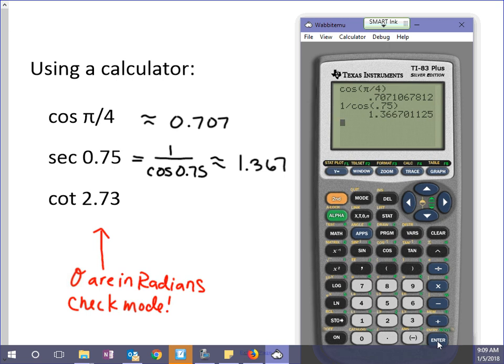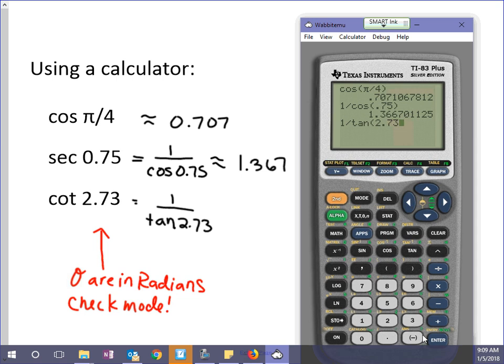And then, based off of what Tegan gave to us, what are we going to do for cotangent of 2.73? 1 over tangent of 2.73. Okay, so the reciprocal functions: sine, its reciprocal is cosecant; cosine, its reciprocal is secant; tangent, its reciprocal is cotangent. So I'm going to do 1 divided by the tangent of 2.73.